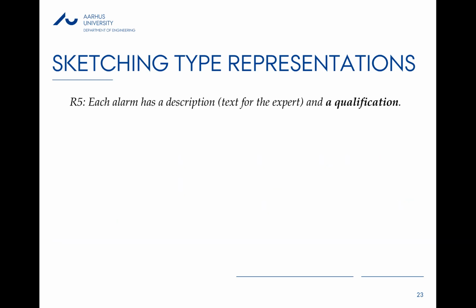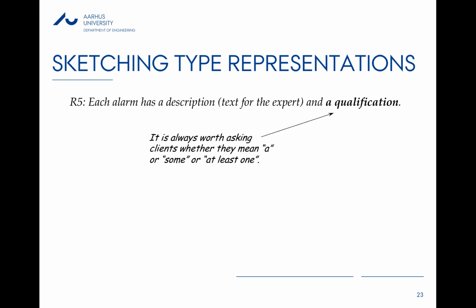So if we now move to R5, which said each alarm has a description, so a text for the expert, and a qualification. Now it's worth asking the customer, the user, if the client really means a, or some, or at least one. Each alarm has a qualification.